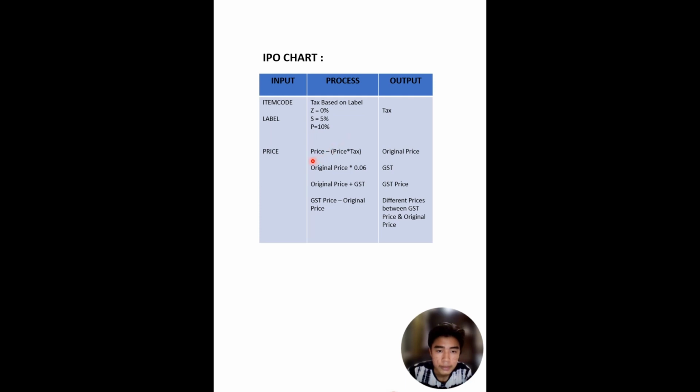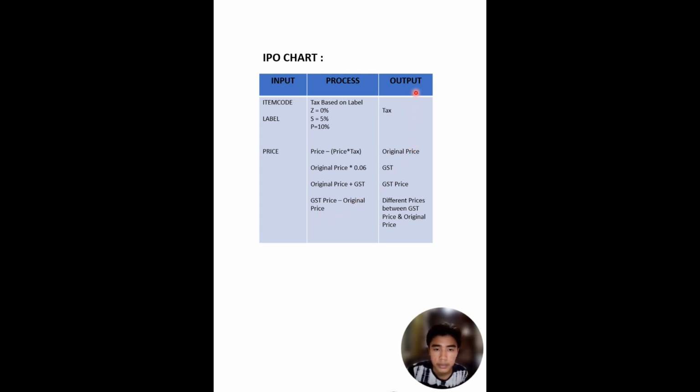Another one is price minus price times tax. Let's move on to another one: original price times 0.06. Another one is original price plus GST. Lastly is the GST price minus original price.